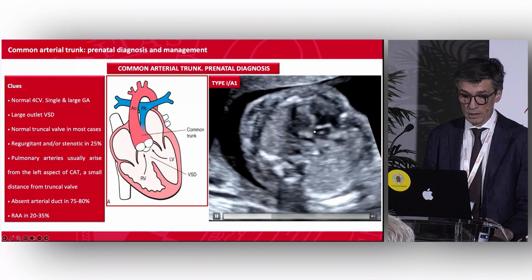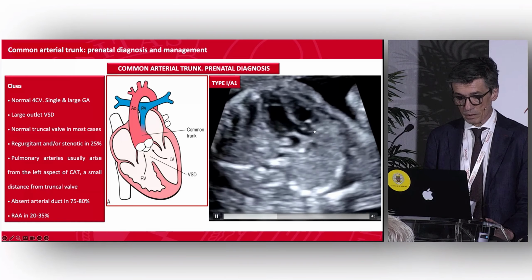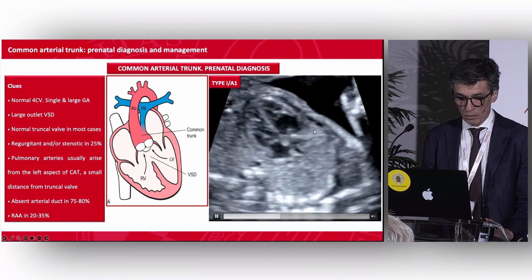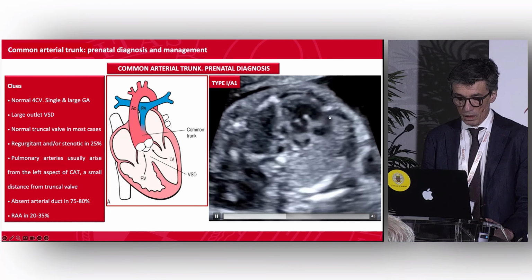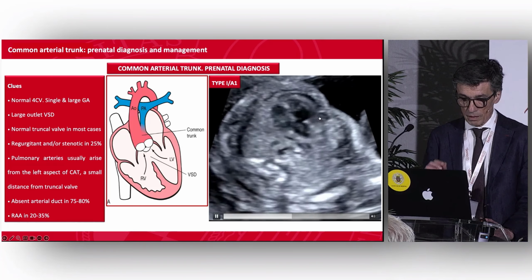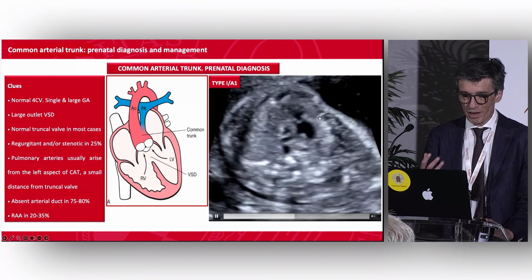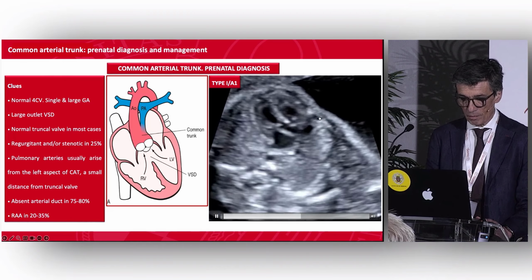This is one example at 20 weeks of pregnancy of a common arterial trunk type 1, which is by far the most common. If you see some of these images, you can compare this with the tetralogy of Fallot that Professor Meagher showed us before.